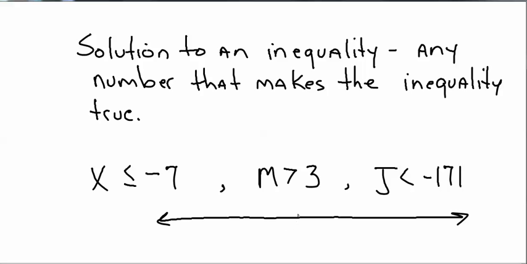Good. There's 0 on the number line, right? And if negative 7 is right here, then anything to this side of negative 7 is less than negative 7, isn't it? So negative 8 is a solution. Negative 9 is a solution. Anything less than or equal to negative 7 is a solution, isn't it? Is negative 7 a solution? Yeah. Good, because it says or equal to, right?